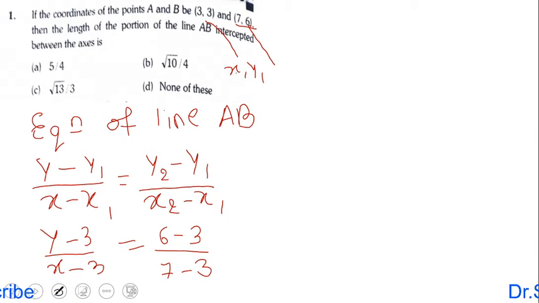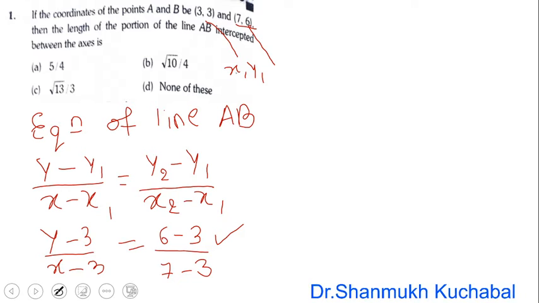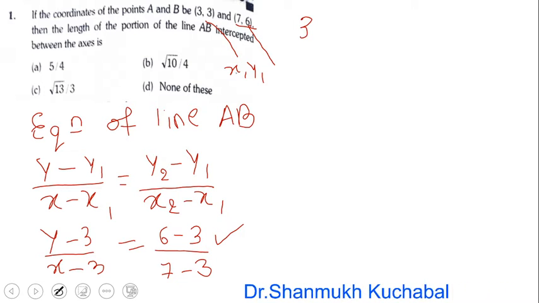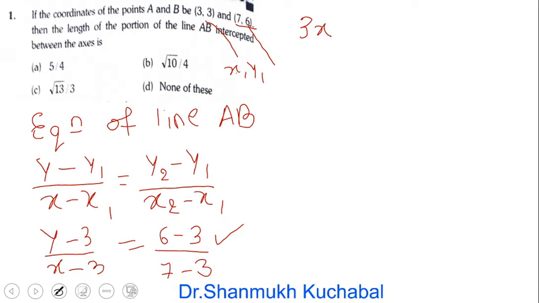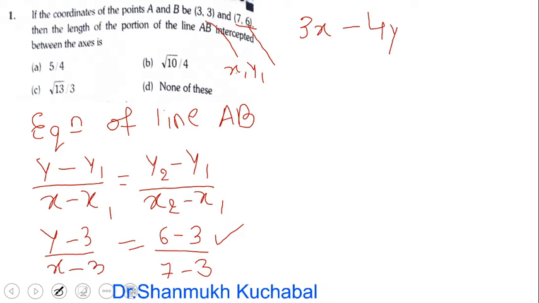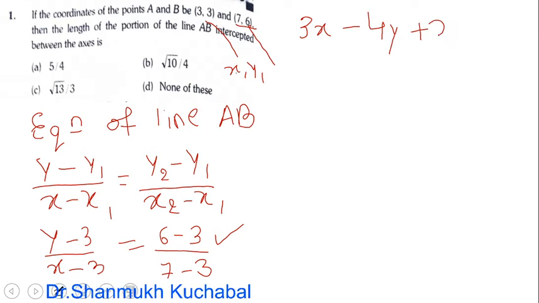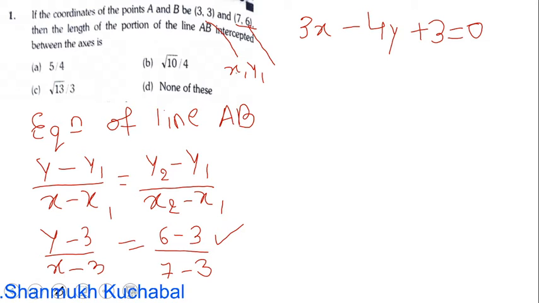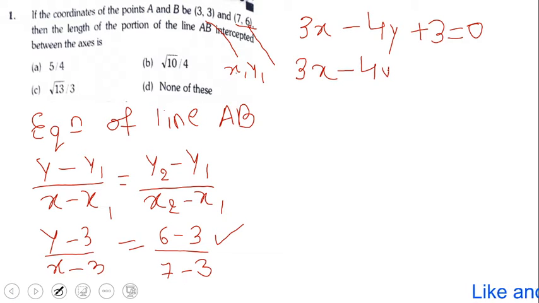So we'll simplify this expression and we'll get the equation of the straight line, that is 3x minus 4y plus 3 equal to 0. So plus 3 we will transpose to the RHS. So we get 3x minus 4y equal to minus 3.